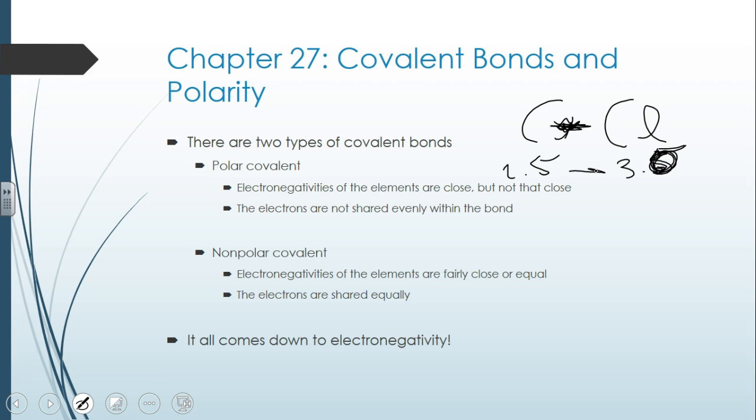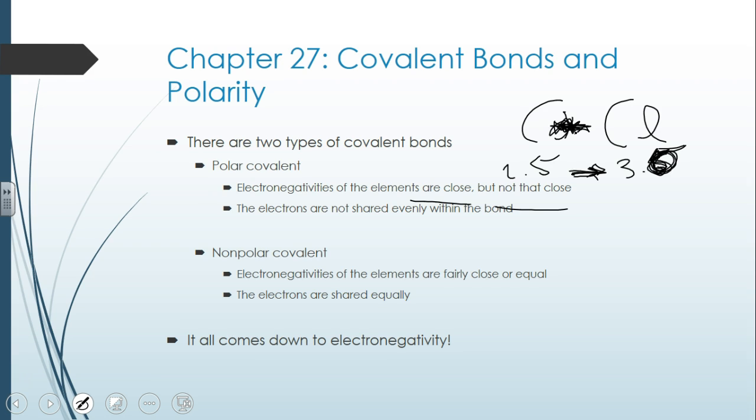It doesn't even matter how different they are. They're close enough that they're still sharing the electrons. Remember, if the electronegativity difference is huge, then it's going to be an ionic bond. But this electronegativity difference is close enough to make it covalent, but it's not that close, meaning the electrons here are now going to have to pick.